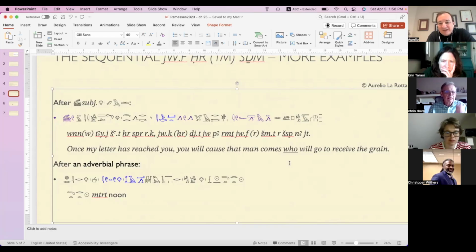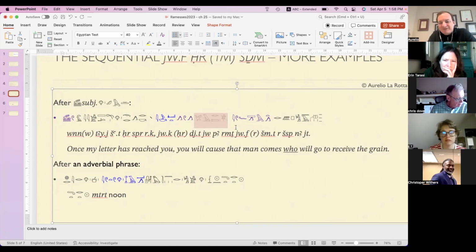You get those for undefined subjects. So if it were a man, and then you put a circumstantial after it, a man who will receive the grain or something, then you would really use UF. But in this case, it's defined. So I'm not sure why he puts UF and not NT.